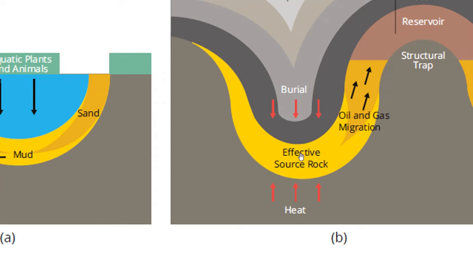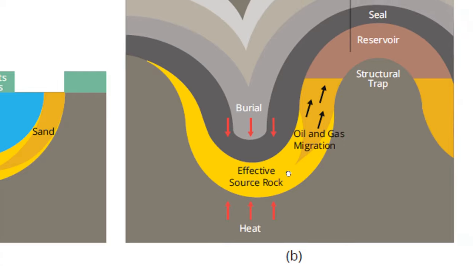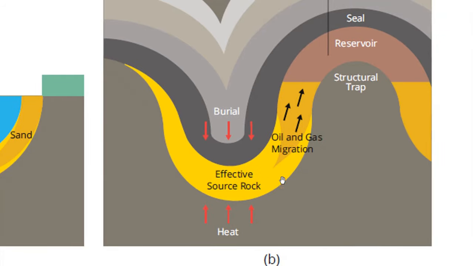It will be a place to cook the oil and gas. And we have heat di sini. We have heat, and due to the burial, we have high pressure, high temperature, and the oil and gas will form, and somehow oil and gas will migrate, go above.